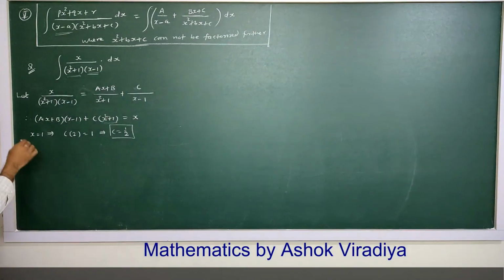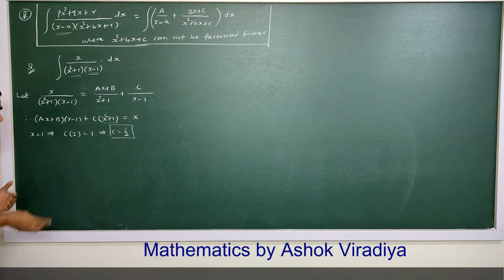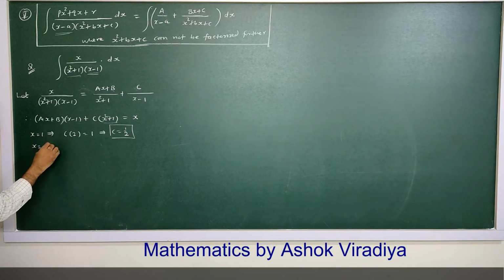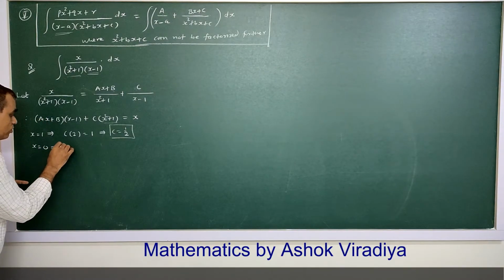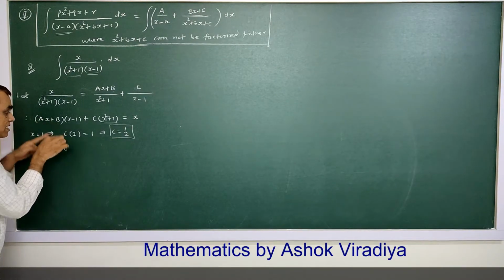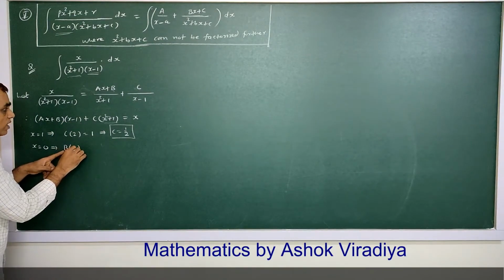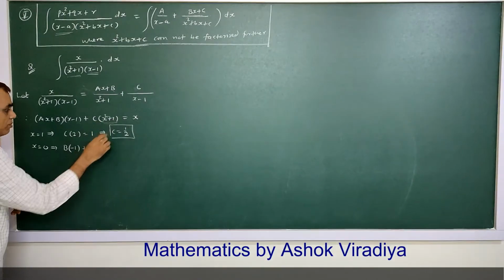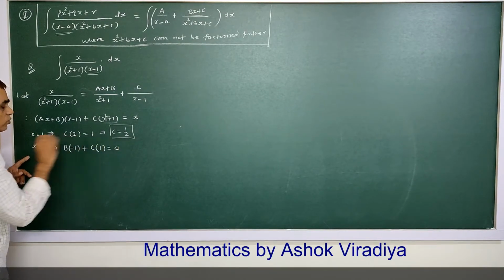Now, putting 1, this becomes 0. Now we choose the next value. If we take x as 0, then this will be removed. So putting x equal to 0 here, 0 plus b is b, into 0 minus 1 is minus b, plus c into 0 plus 1 is c, equal to 0.